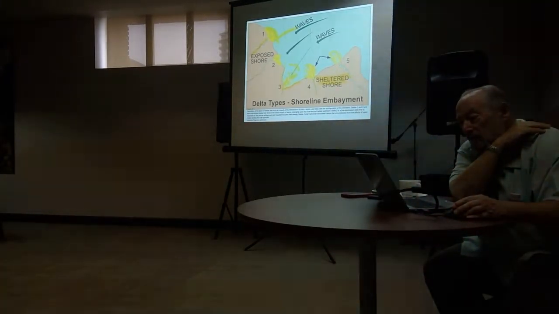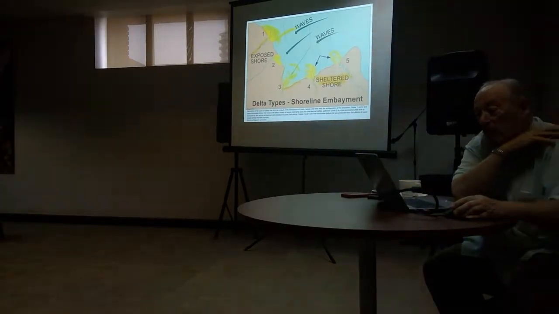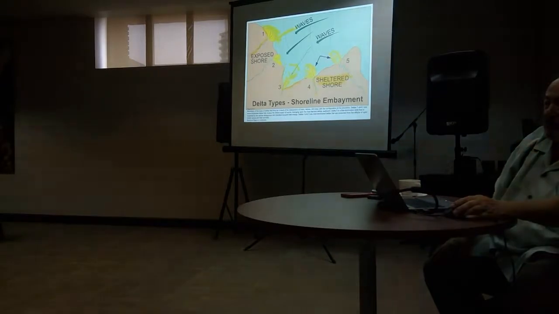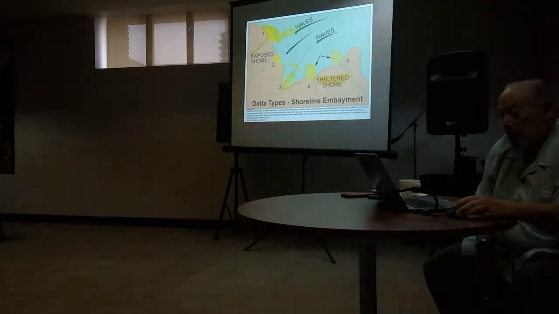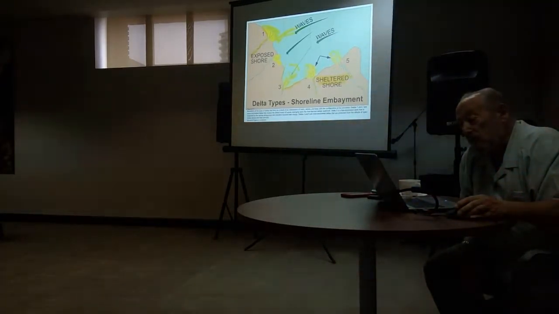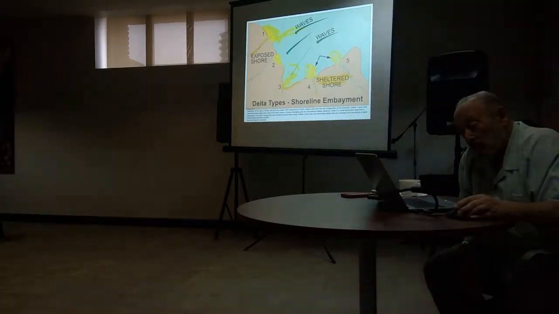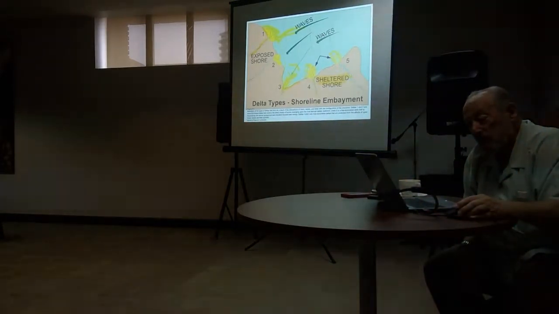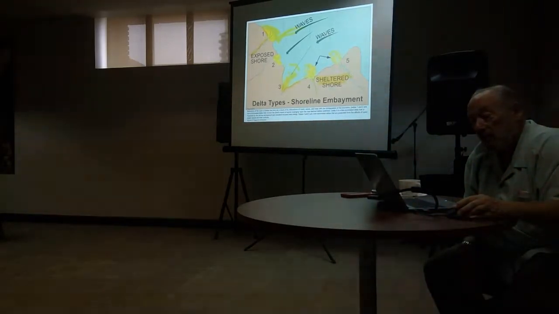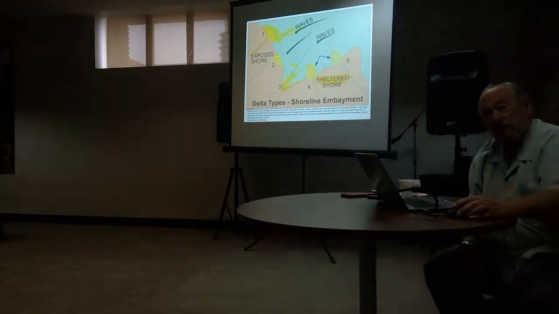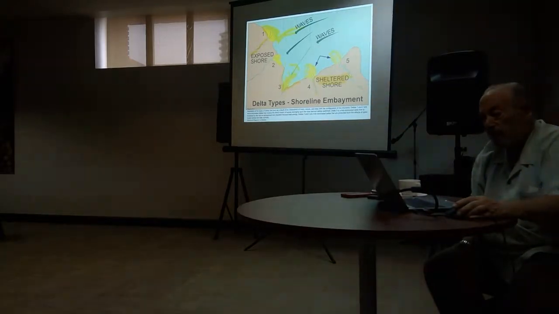Whereas here, in the wave-dominated one, we're at more or less right angles to the wave action. Here, the sediment that's brought into the delta forms sand bodies parallel to the direction of the tidal currents.